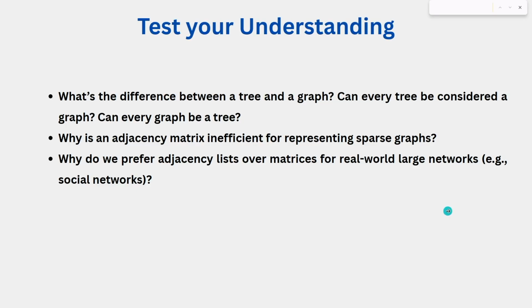Having learnt a few terminologies associated with graph, now we will have some questions to test our understanding of the concepts that we have learnt so far. First question is, what is the difference between a tree and a graph? Can every tree be considered a graph, or can every graph be a tree? We have already learnt what a tree data structure is. It is a set of nodes.